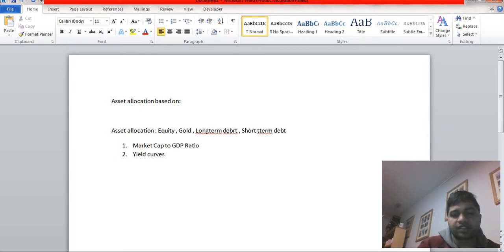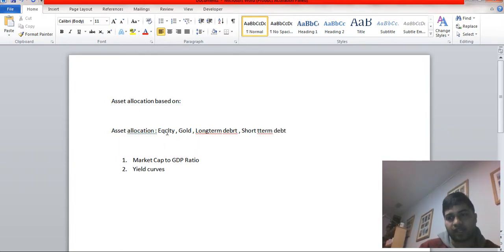Asset allocation is simply how much money you allocate to equity, gold, long-term debt and short-term debt while you are creating your portfolios. Now there are certain investment policy statements and restrictions that you face as a portfolio manager. But apart from that, if you're handling your own capital, you need to make a call on how much goes to equity, gold, long-term debt, short-term debt, etc.